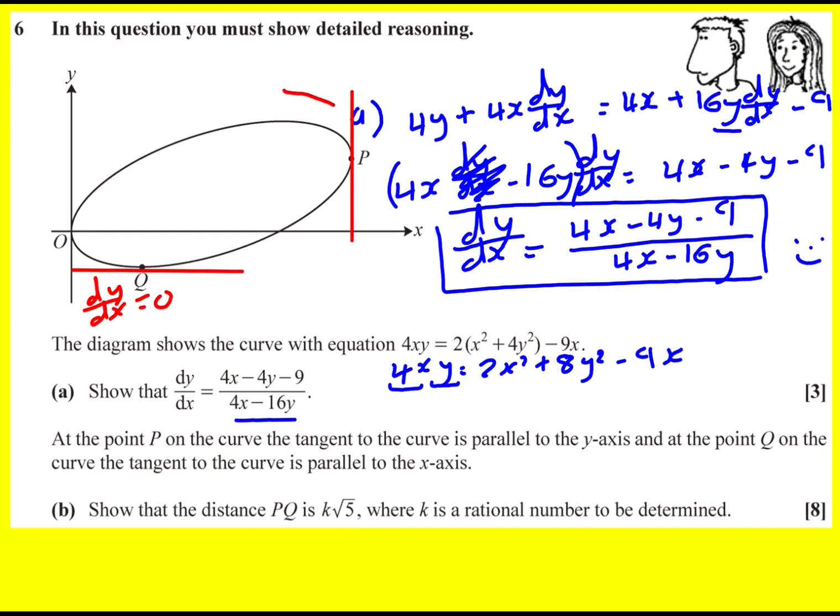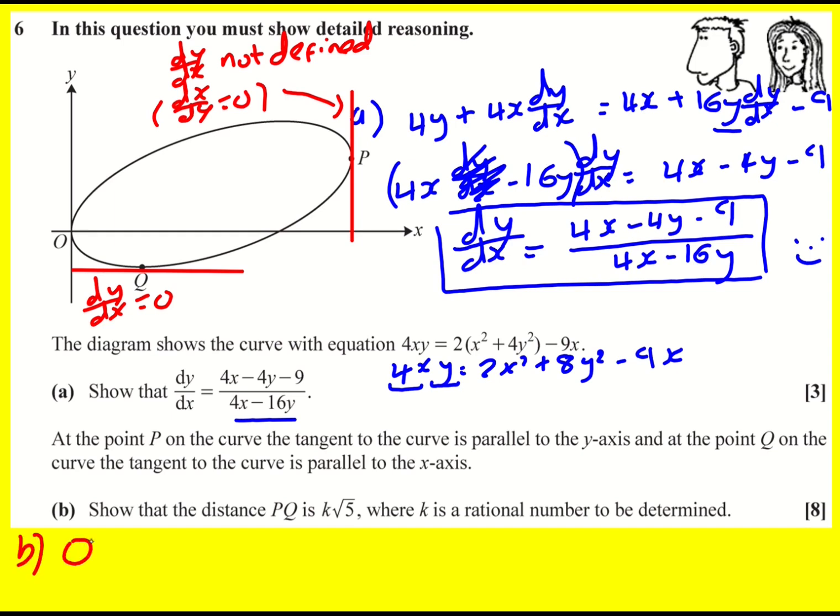And then for P, it means that dy by dx is infinite or not defined. Another way of saying that, by the way, is to say that dx by dy is equal to 0. Sometimes people like to flip it around and then make it 0. But I'm going to focus on it not being defined.